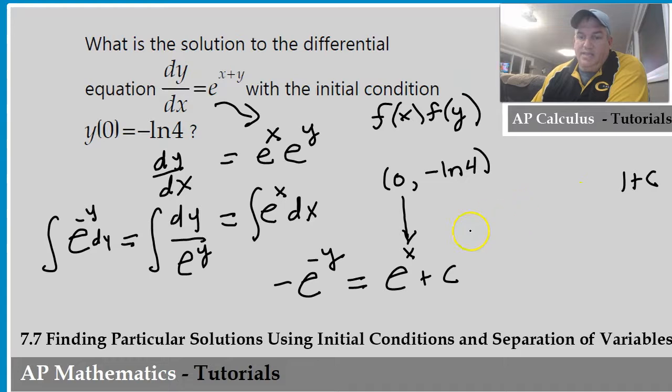On the left-hand side, when I put a negative natural log of 4 into y, I get a positive natural log of 4 as an exponent, and e to the natural log of 4 is just 4. So I get negative 4 equals 1 plus c, or c is simply equal to negative 5.